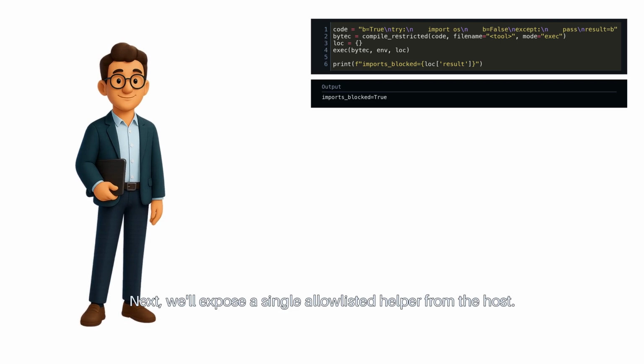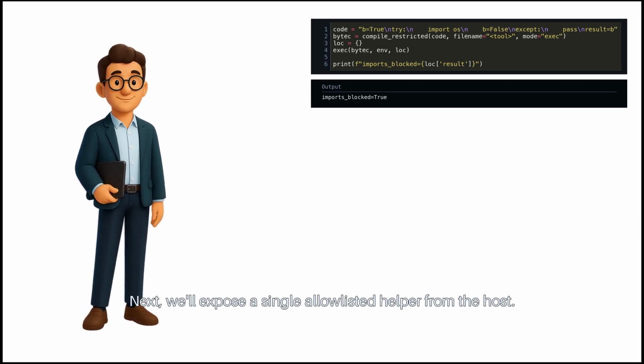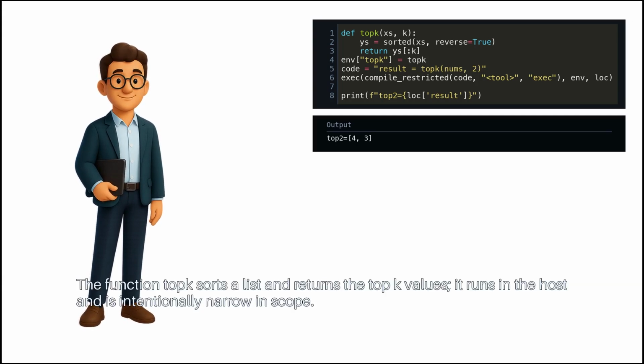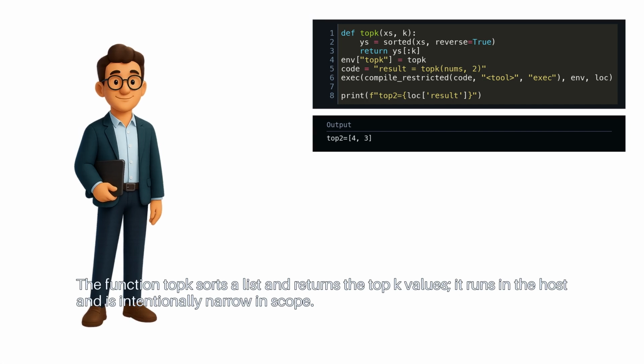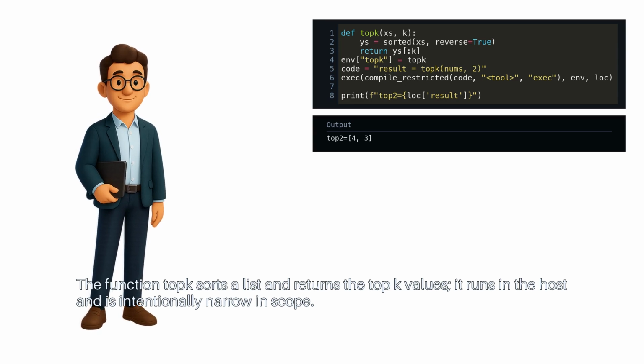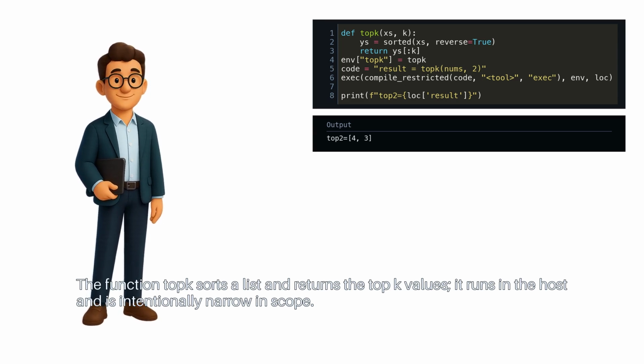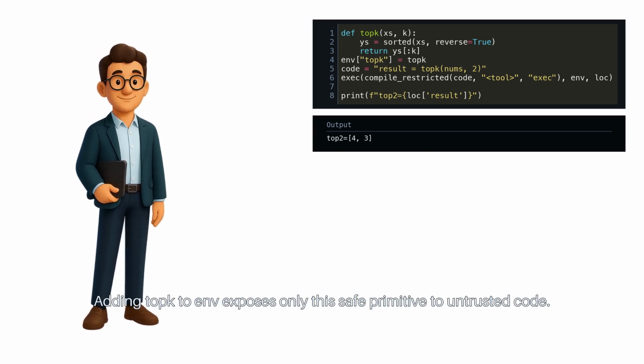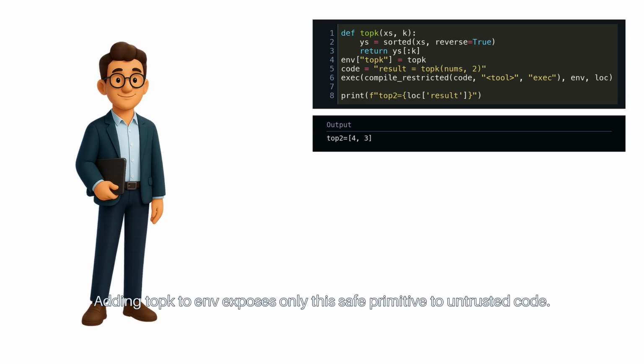Next, we'll expose a single allowlisted helper from the host. This code lets sandboxed code call an allowlisted helper via RestrictedPython. The function topk sorts a list and returns the top k values. It runs in the host and is intentionally narrow in scope. Adding topk to env exposes only this safe primitive to untrusted code.